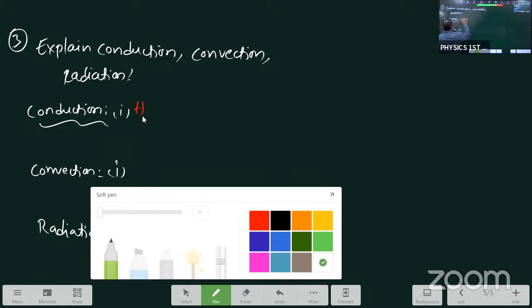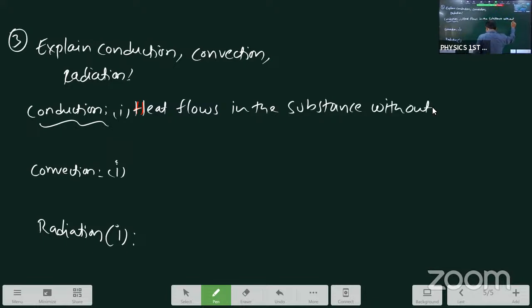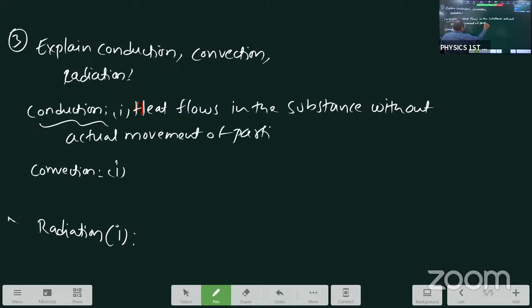Heat flows in the substance without actual movement of particles.